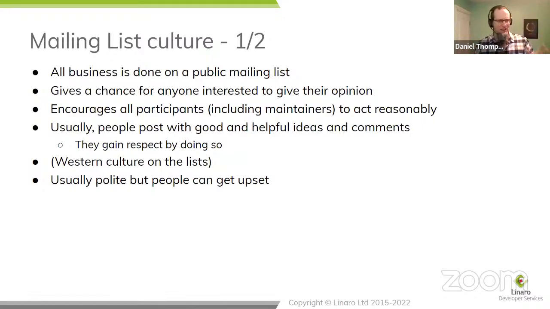This next section is in brackets because I am not the best person to express the difference between many world cultures. This was suggested as useful and something I should put on the slide by somebody who is, I think, a British person working in Taiwan. They wanted to make sure it was mentioned to companies that the culture on mailing lists typically is quite westernized, meaning that direct conflicts, direct contradictions, are normal.